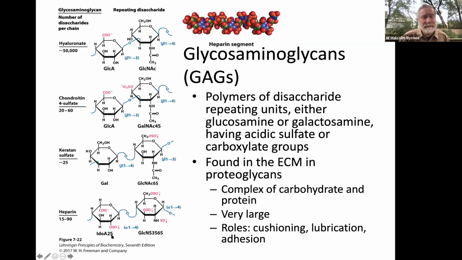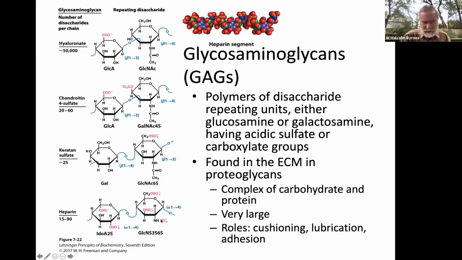What do we see here? A sugar known as iduronic acid, abbreviated IDO, which has a sulfate on carbon 2. It's connected through an alpha-1,4 linkage to what is this? Some highly sulfated glucosamine unit.